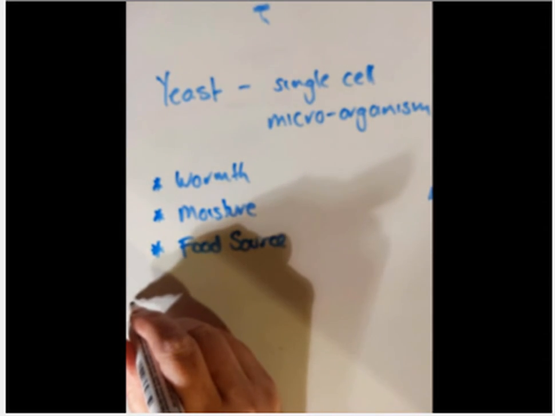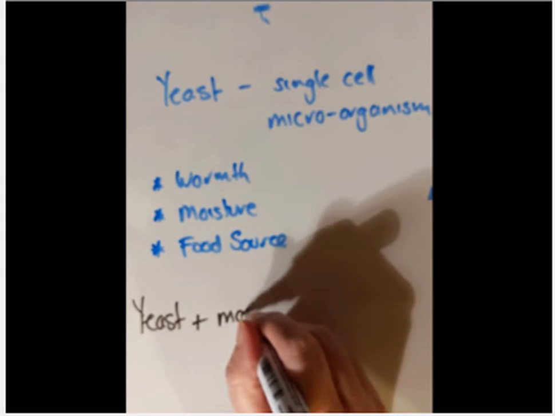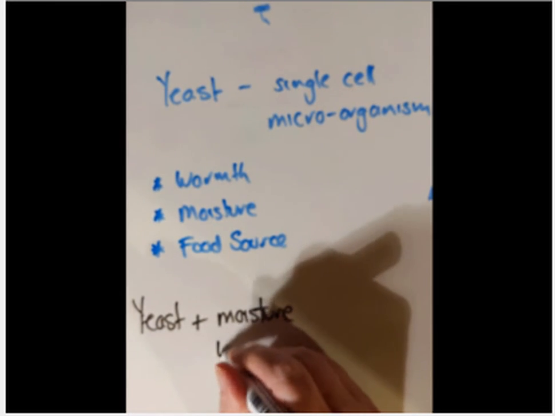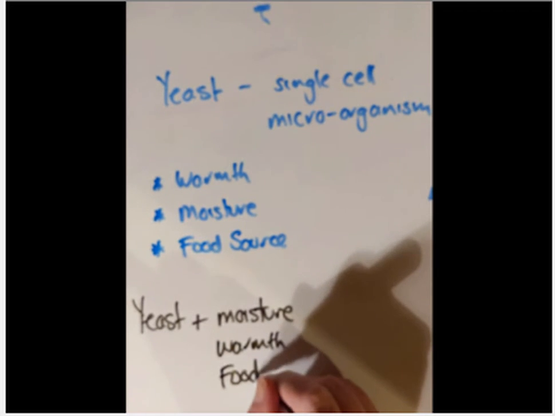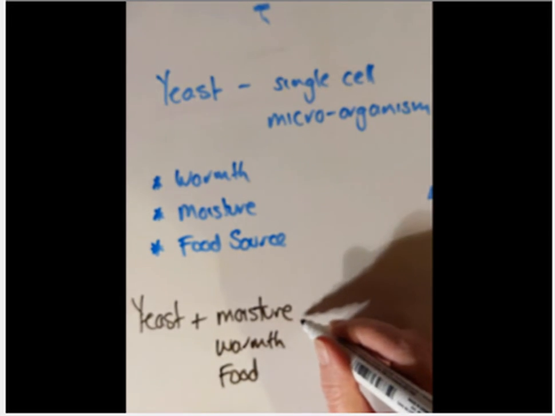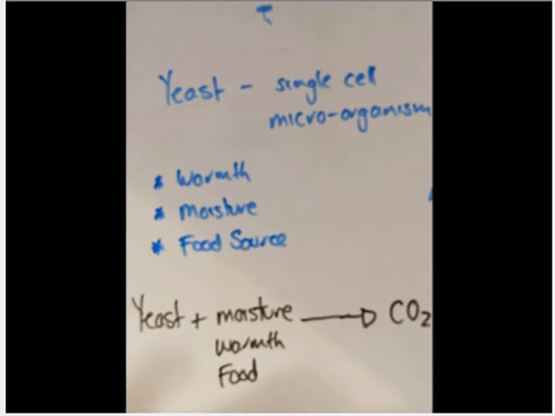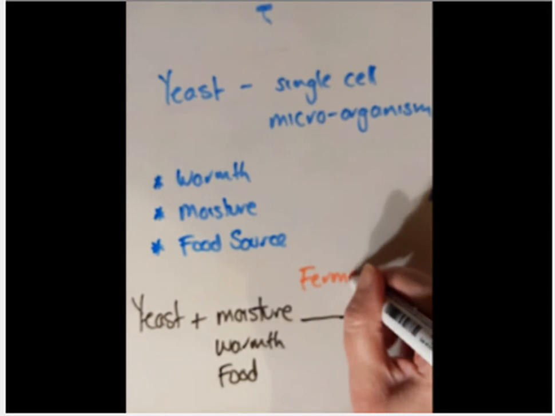So we have our yeast plus moisture, warmth, and food, and that goes through a process. And the end result of the process is a gas, CO2. And this process is called fermentation.